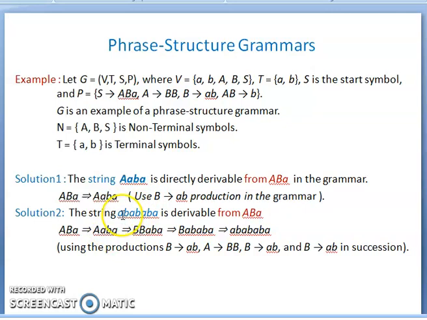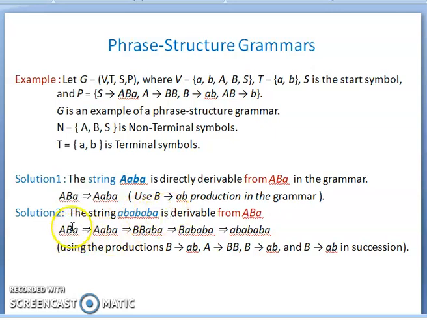And one more problem: you derive this particular string, ab a, derivable from capital A, capital B, small a, using these productions of this particular grammar, right? Now here first you take capital A, capital B, small a. So small a is there.